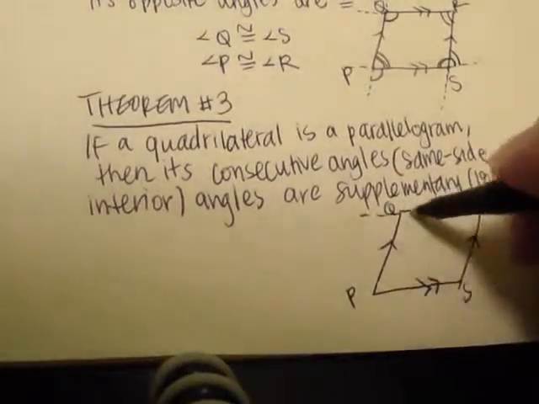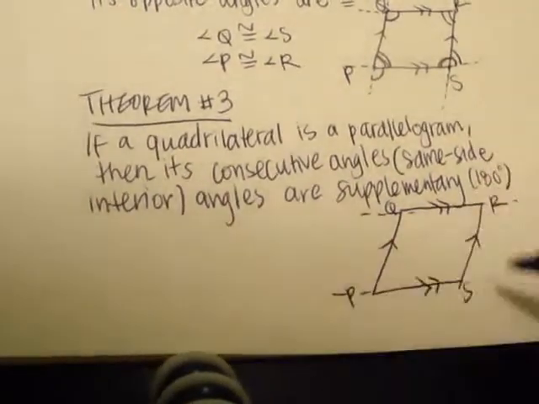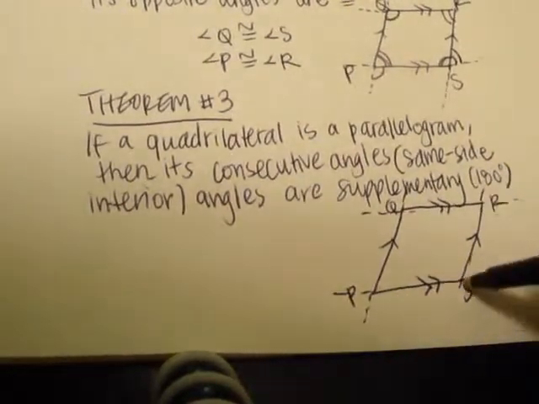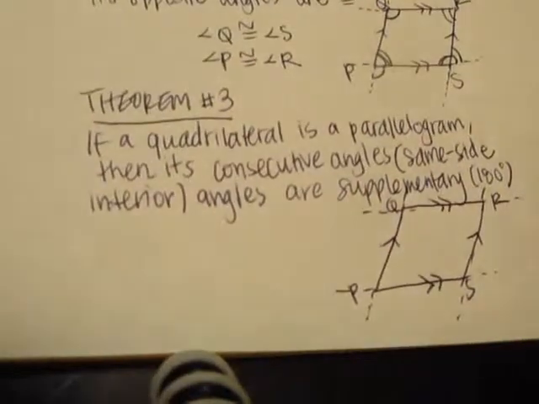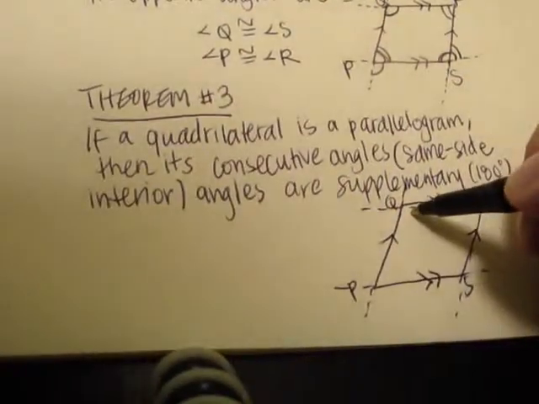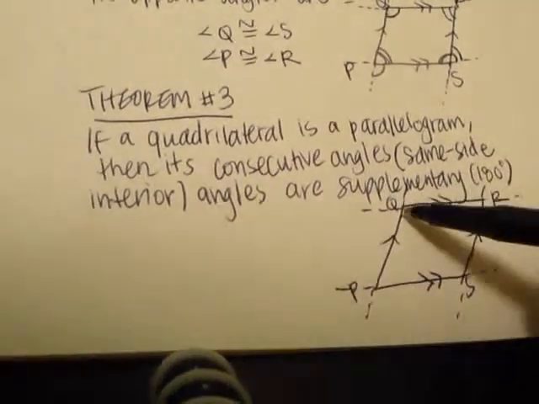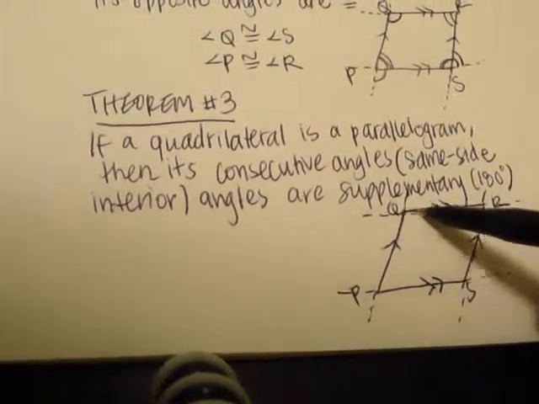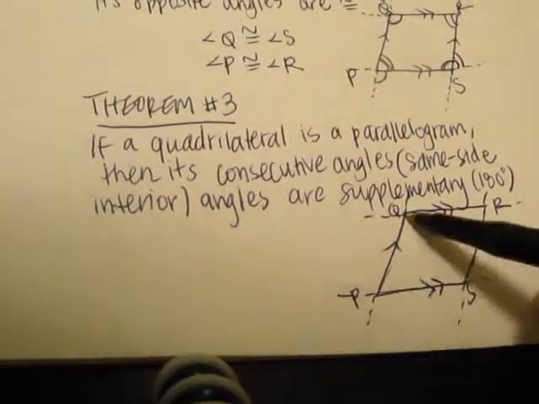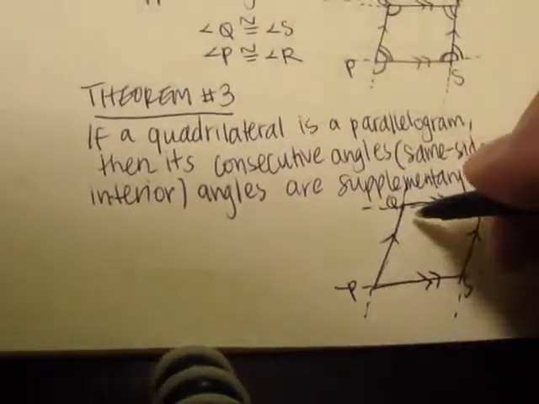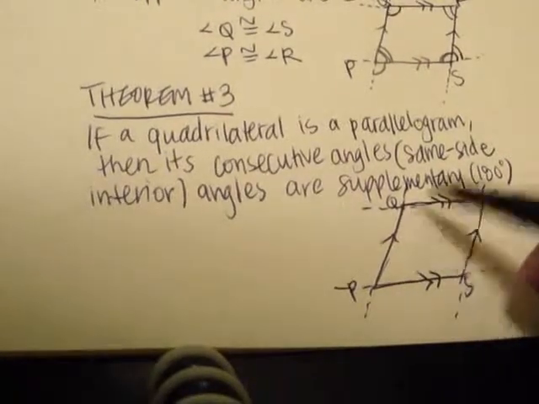And again, let's try to extend the lines to see angle relationships based on parallel lines and transversals. Now, in any angle relationship, we're told that the same side interior angles are equal to 180 degrees.